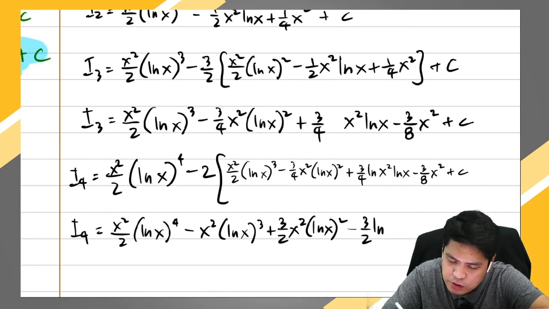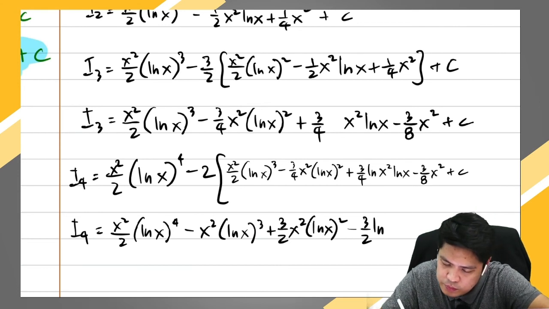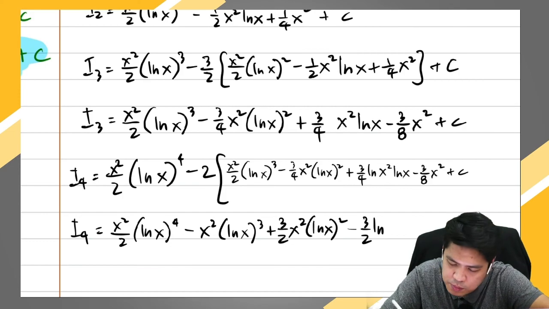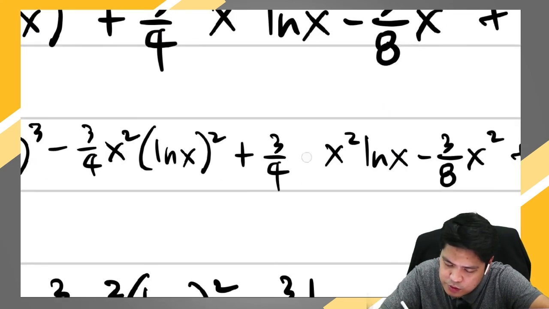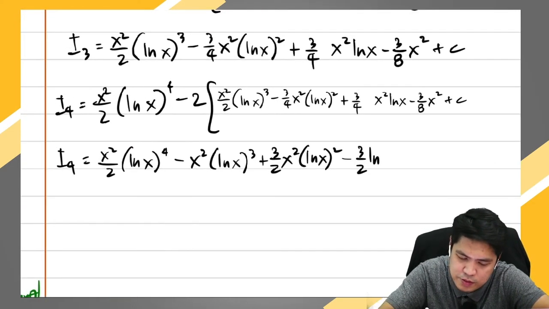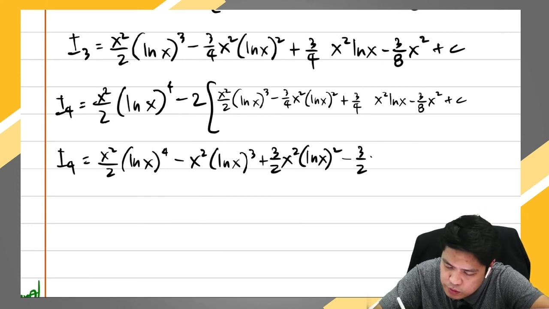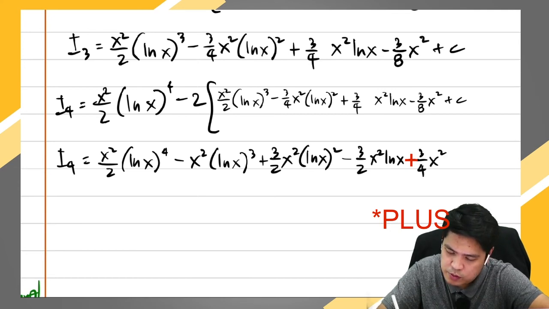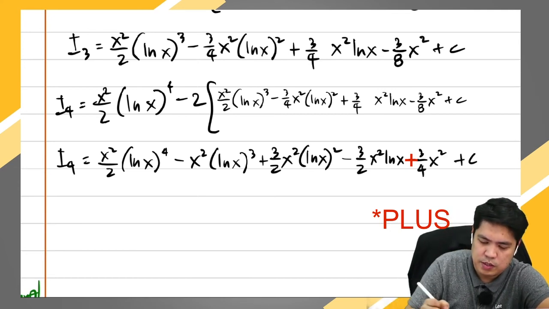Ito, wala na to. So, wala dapat ln dito. It's just, sorry, x squared ln x minus 3/4 x squared plus c.